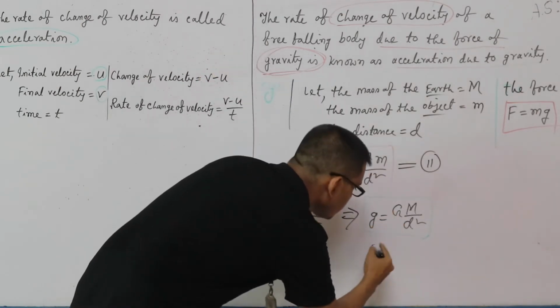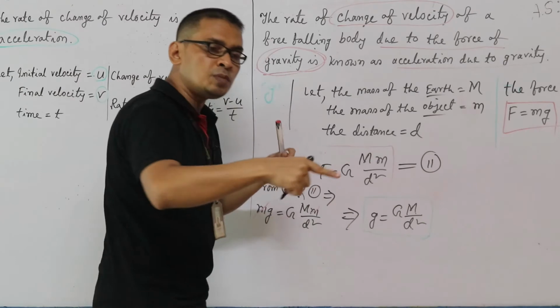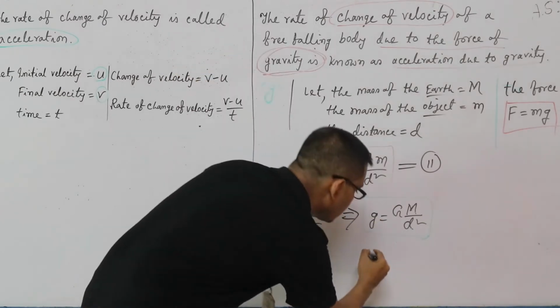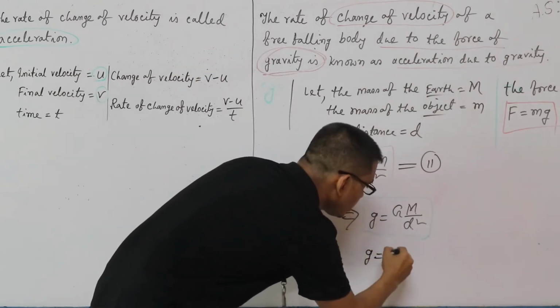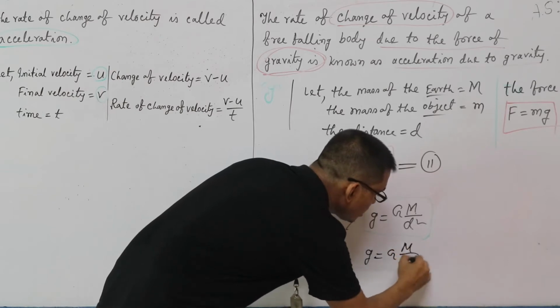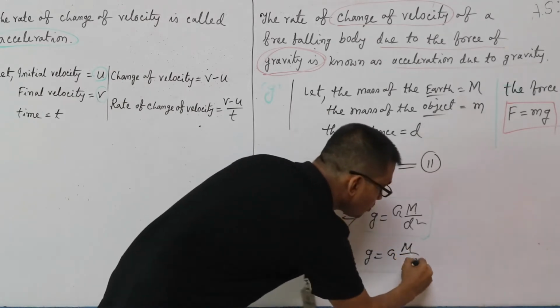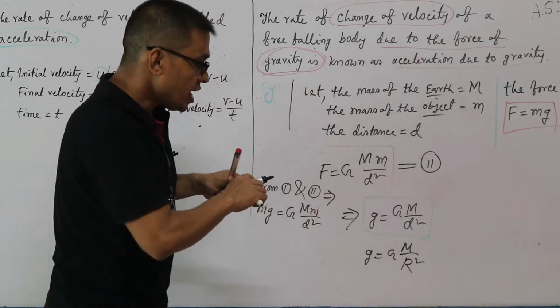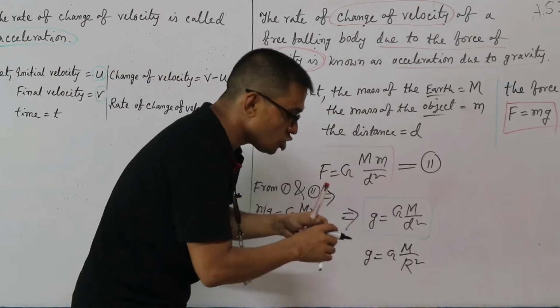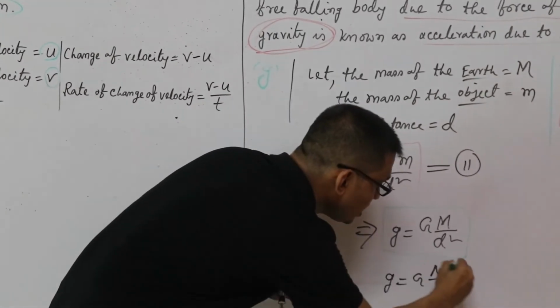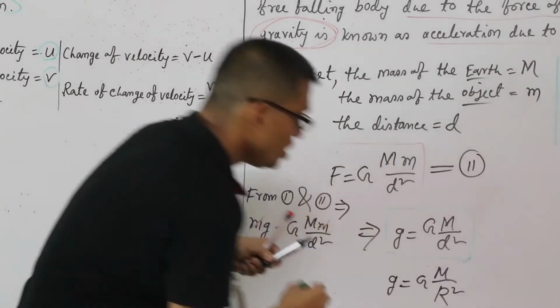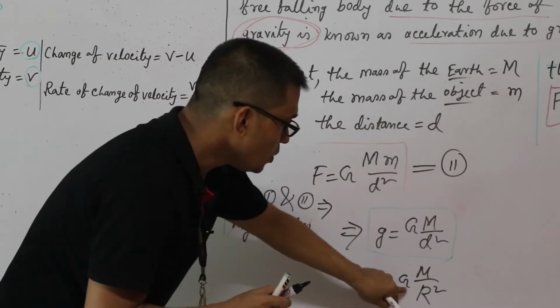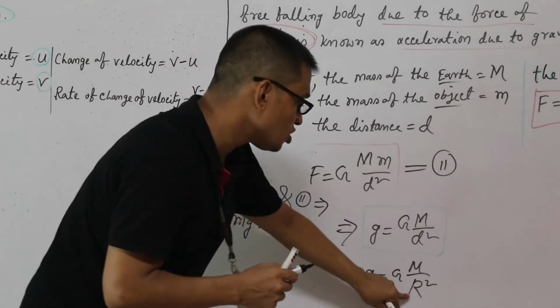If this object is placed on the surface of the earth, then the distance becomes the radius of the earth, and we can write the equation like that: g equal capital G M by r square.